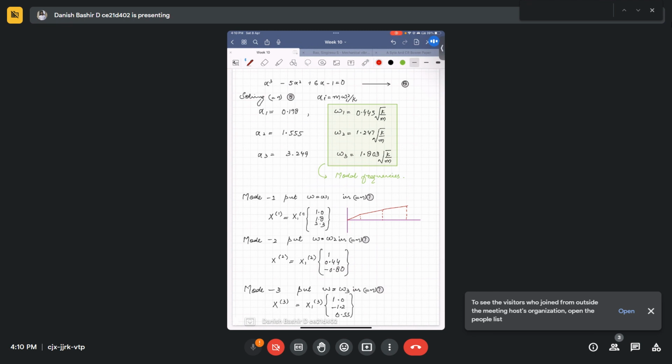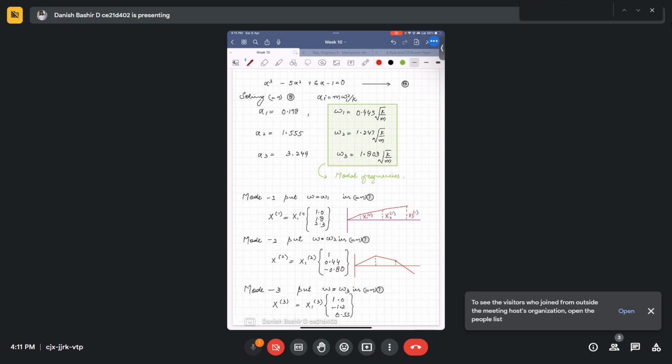The second mode will be like this: one value is negative, so we have to travel to that value. The second value is also positive here, but after that the third value is negative. This is x1 of 1, this is x2 of 1, this is x3 of 1.